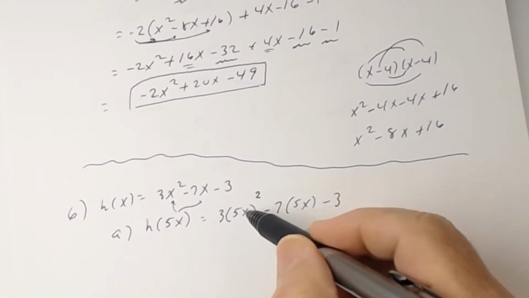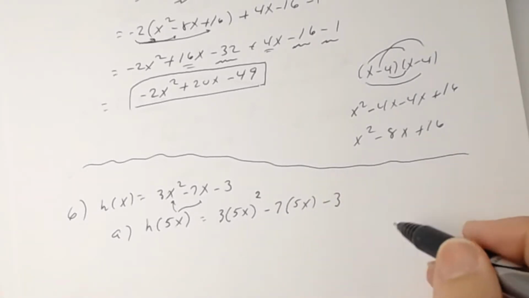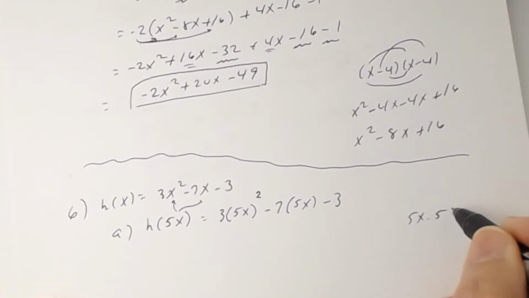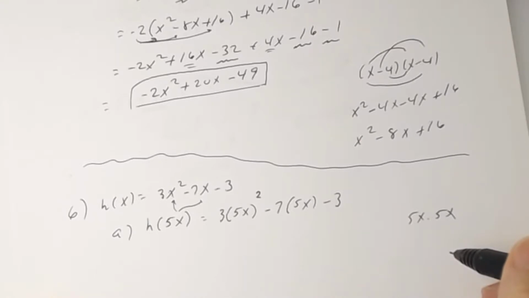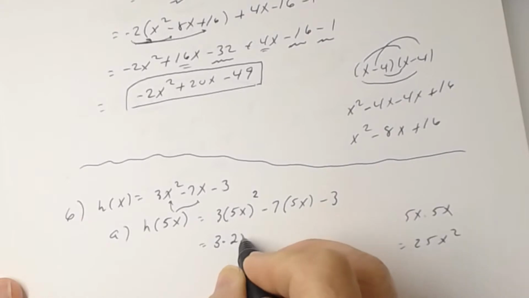In this case, the exponent. Notice this is a monomial, so really what you're saying is 5x times what? 5x. What is that? 25x squared. But that 25x squared has to also be multiplied by 3. So that's 3 times 25x squared.